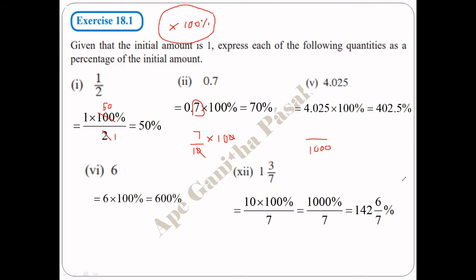Now if we summarize that part, what did you learn here? Any fraction or decimal or whole number can be converted into a percentage by multiplying by 100%. After that, you have to do the calculations correctly.